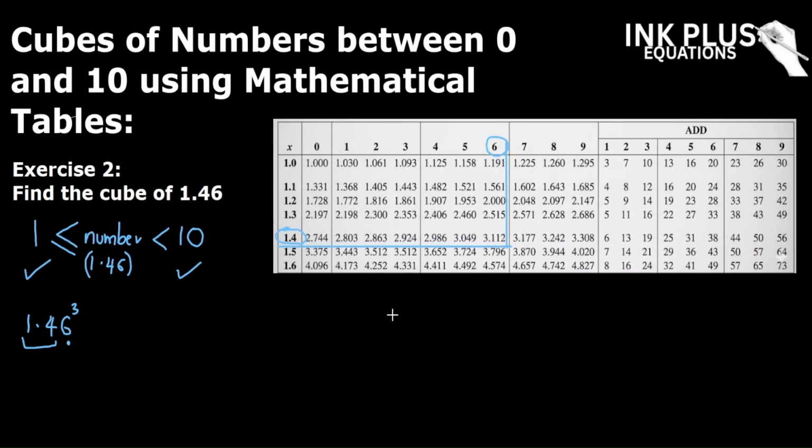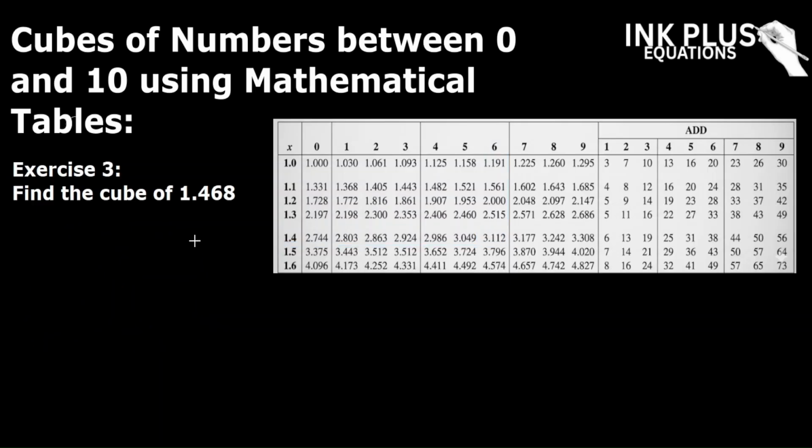So the intersection between these 2 points is the answer. So 1.46 cubed is equal to 3.112. That means if you do 1.46 times 1.46 times 1.46, the answer is always going to be this.